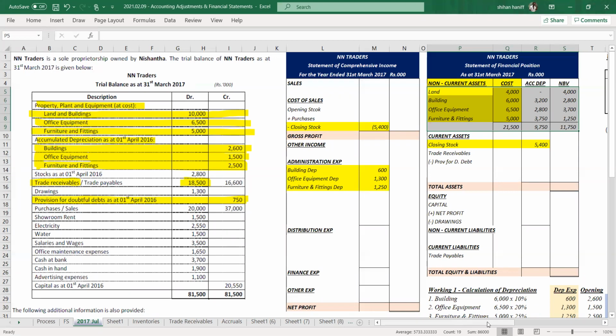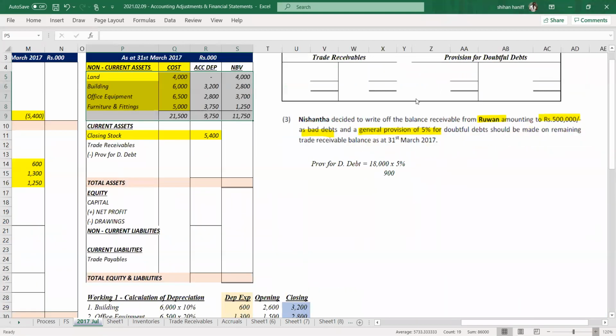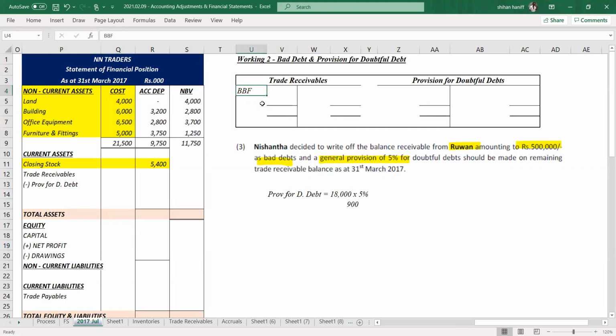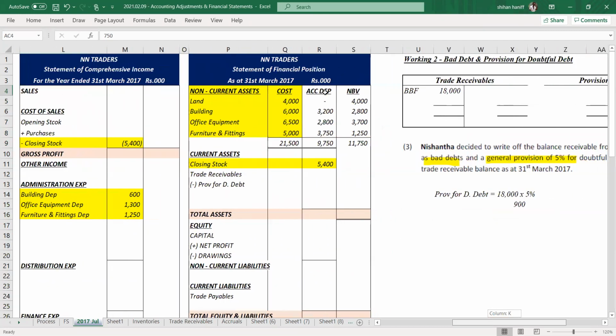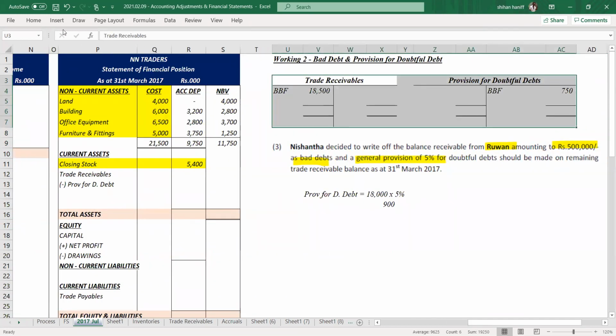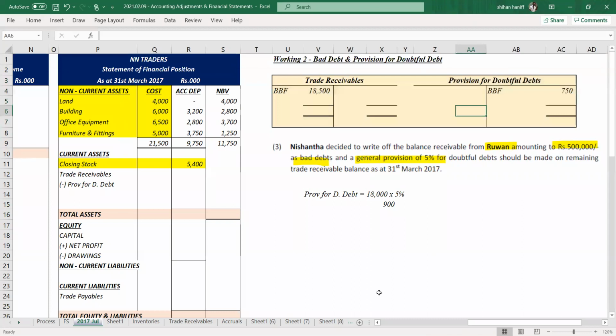So let me draw two ledger accounts, the trade receivables account and the provision for doubtful debts account. Provision for doubtful debt is a credit balance of 750.